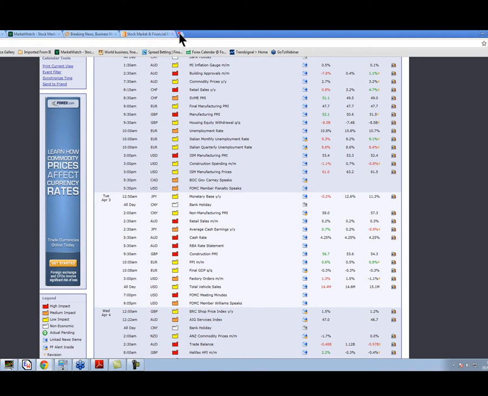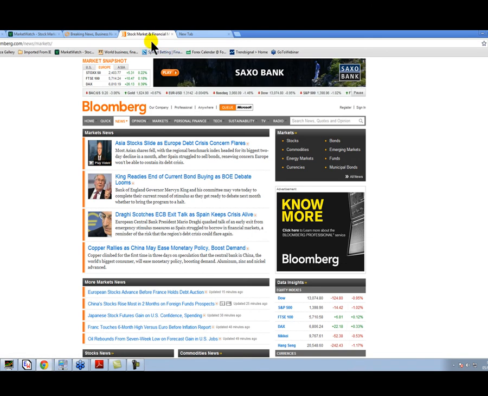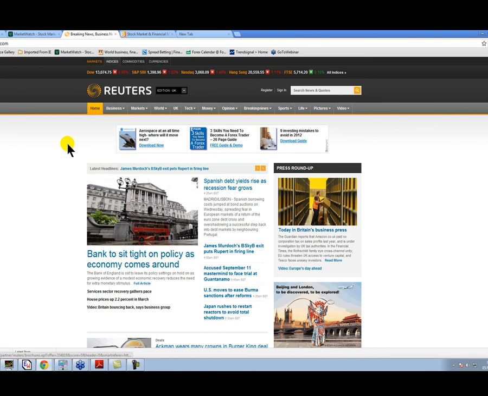equities, and that was also prompted by problems with Spanish debt. Spanish borrowing costs rose sharply yesterday. Here's a headline on the UK Reuters page: Spanish debt yields rise as recession fear grows.